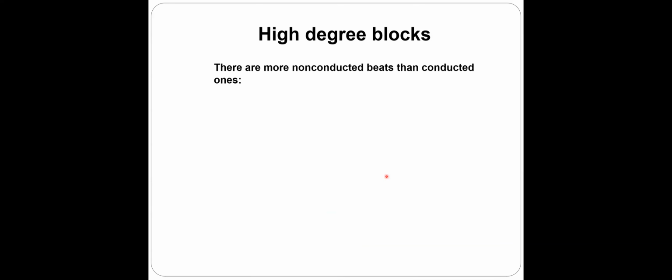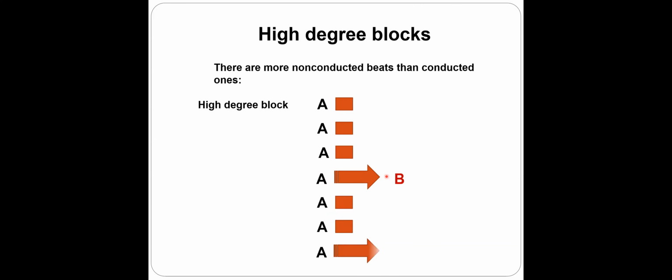Now, the high degree blocks mean that we have more unconducted beats between two conducted ones. So relatively, we have no conduction, and sometimes we do have conduction. But if you consider this, a lot of the time we do not have any conduction, that period is very long.